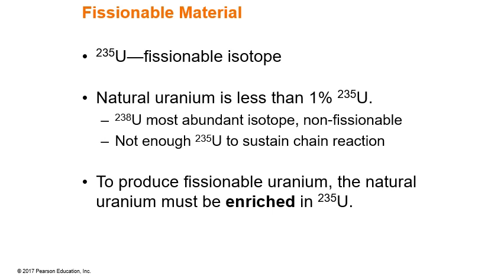What that means is it's going to undergo that chain reaction, but we have to enrich the uranium. We have to increase the amount of 235 available. To enrich it, generally we put it into a centrifuge, because chemically the isotopes are identical, but mass-wise they are different.